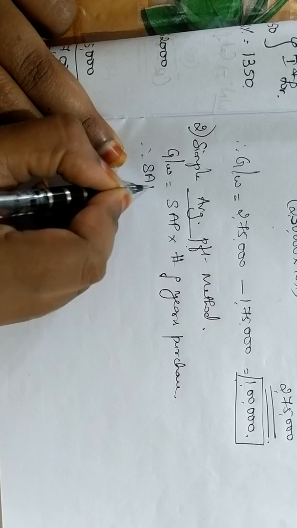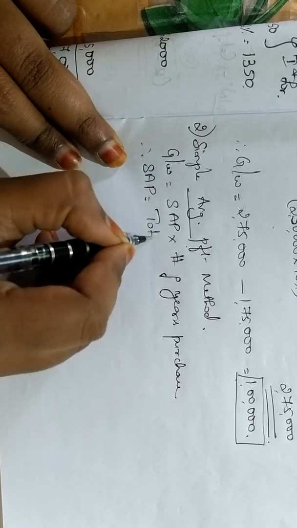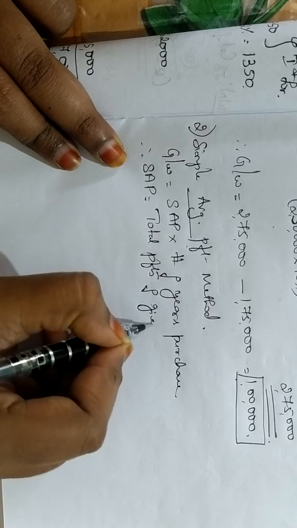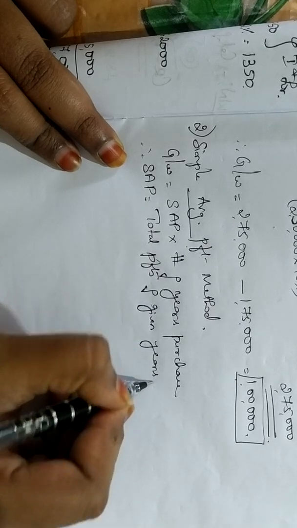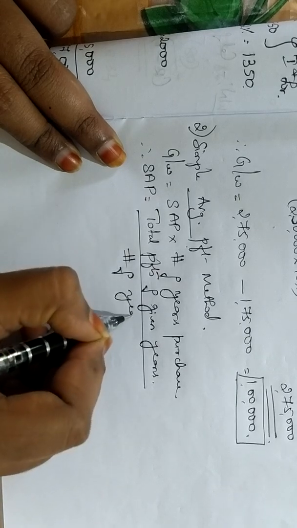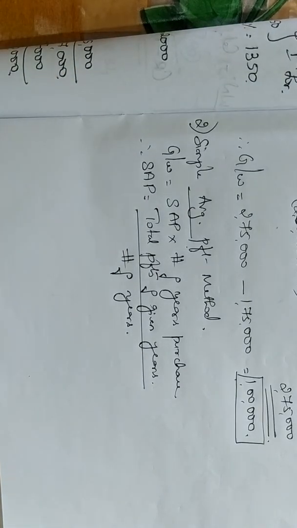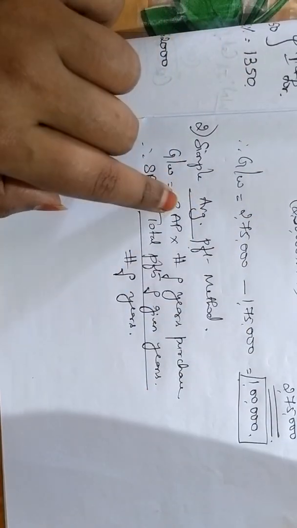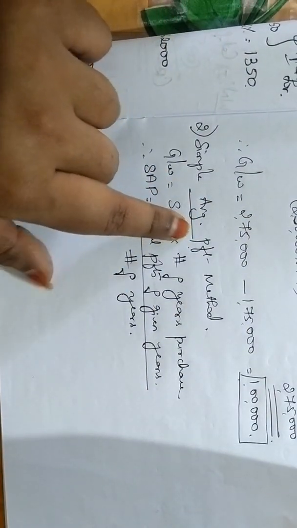Therefore SAP is equal to total profits of given years divided by number of years. We'll do a problem so that you will understand more easily. Now just write simple average profit method in your notes. Write the formula. Below that formula, write this theory.